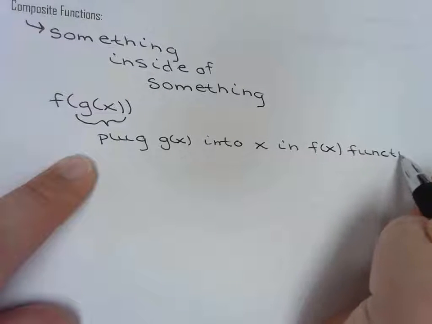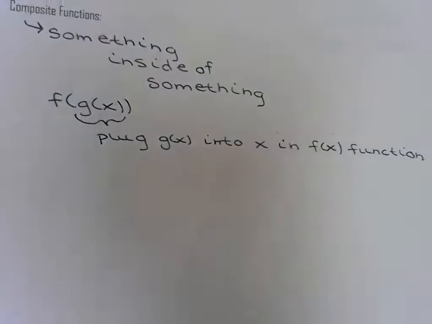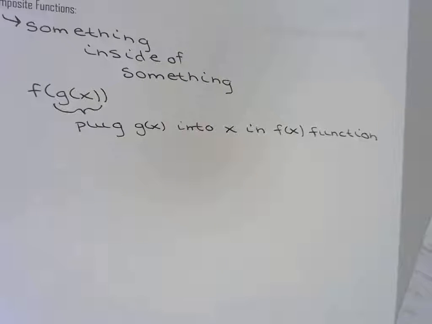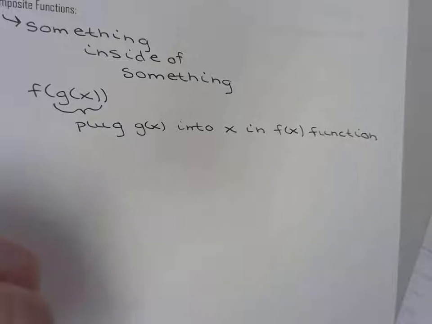Kind of confusing. It's going to take some examples to get used to. So you're going to take a function and plug it in for x in the other function. You're going to take g of x and plug it into x in the f function, or whatever functions you're talking about.